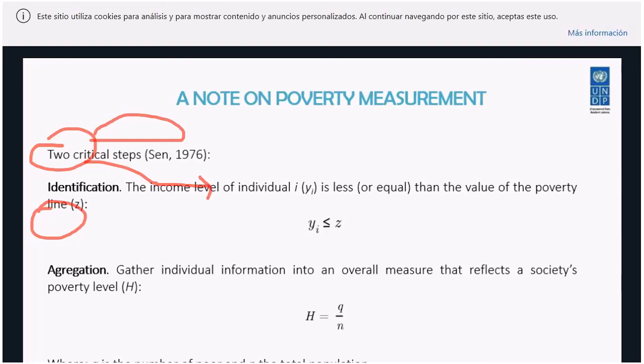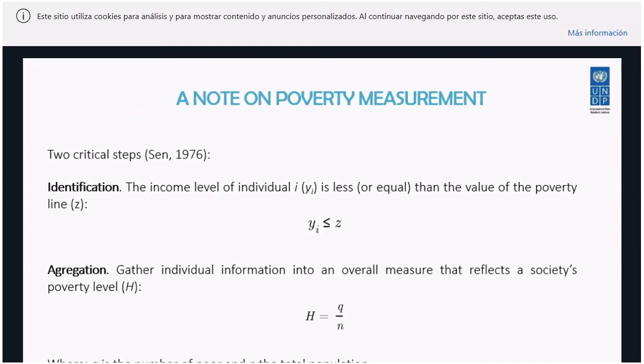So it's basically the assessment of the living conditions, not at the individual level, but at the level of a society based on the individual information. So let's assume that we are measuring poverty in terms of income. In fact, when dealing with microsimulation exercises, the effects of any fiscal reform is based on income.